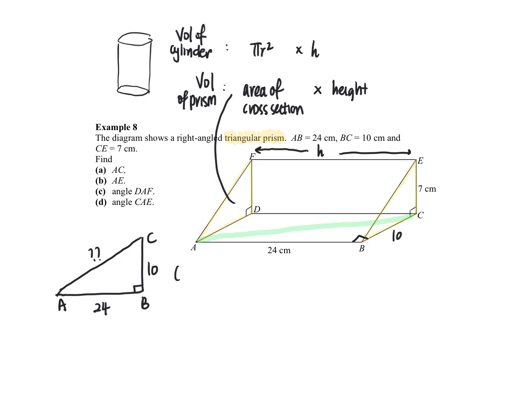The math behind it is not difficult. You just need to see the right angle triangle. So by Pythagoras theorem, AC is square root of 24 square plus 10 square. Is it a nice answer? It's 26. So this length is 26.